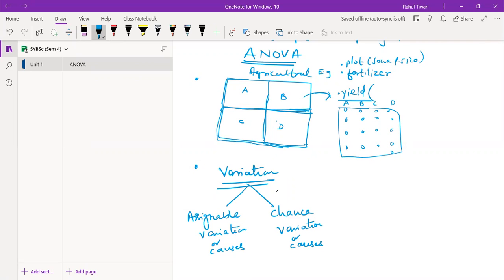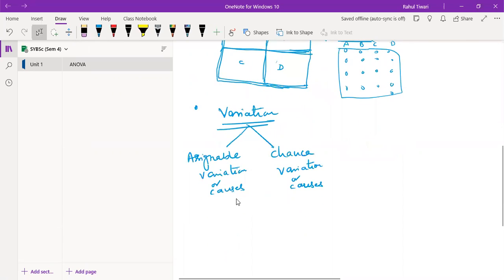Now, assignable variation means what? It is in your control. And chance variation means it is out of control. It is not in your control, which means we can't do anything about it.